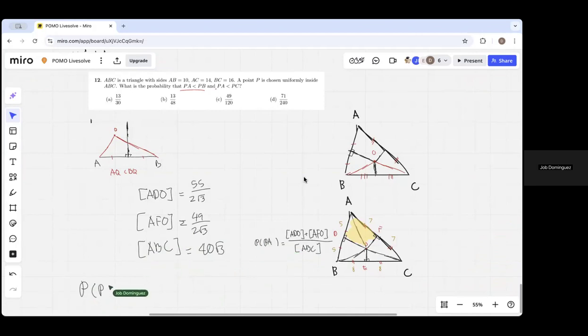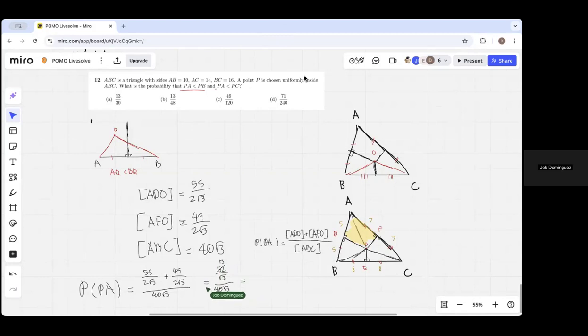So PA is the least here is equal to 55 over 3 square root 3 plus 49 over 3 square root 3 over 40 square root 3. We can simplify this to 52 over square root 3 over 40 over square root 3. We can cancel here. This will multiply with this. This will be 13, this will be 10.